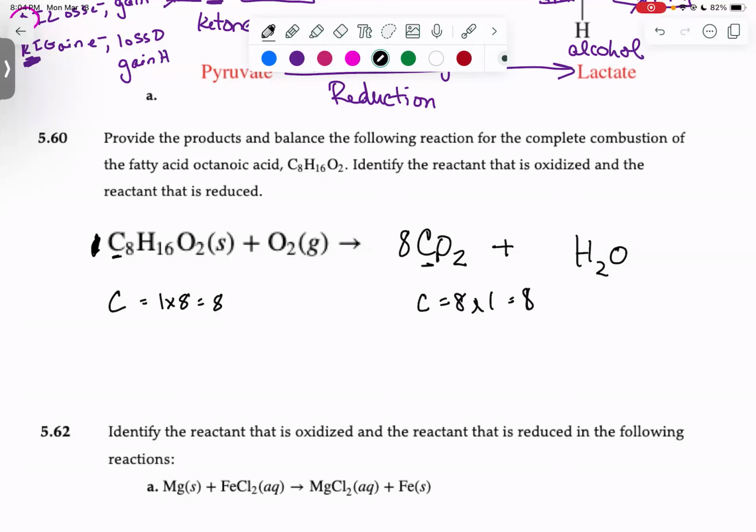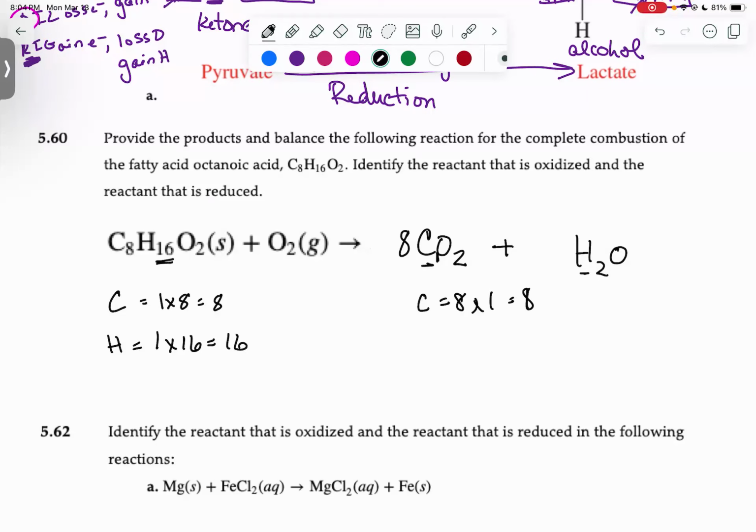Well, that's great. Now my next thing is, do I want to do hydrogens or do I want to do oxygens? Well, I want to do hydrogens because it's only in one compound on either side of the arrow. So that's perfect. So I'm going to pick my hydrogens. And remember, my coefficient is 1 in case you don't notice it. So I'm going to say 1 times 16 gives me 16.